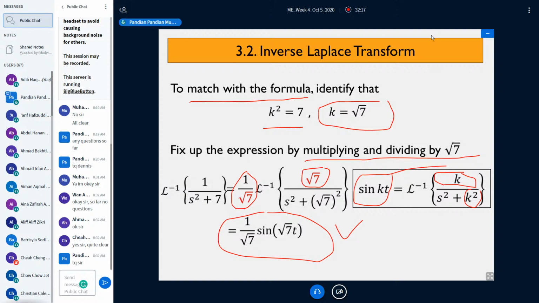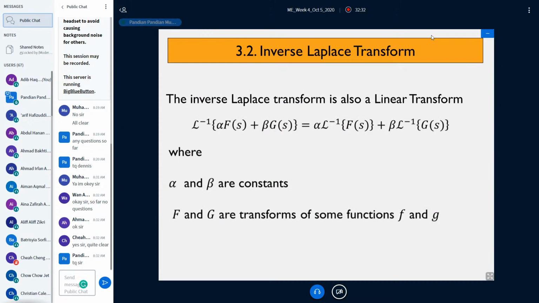So, the most important thing is the keyword is matching with the standard formula. We see more examples. Now, the inverse Laplace is a linear transform, meaning you can break this into 2 pieces, 3 pieces, or 4 pieces, because you cannot handle all at one time.